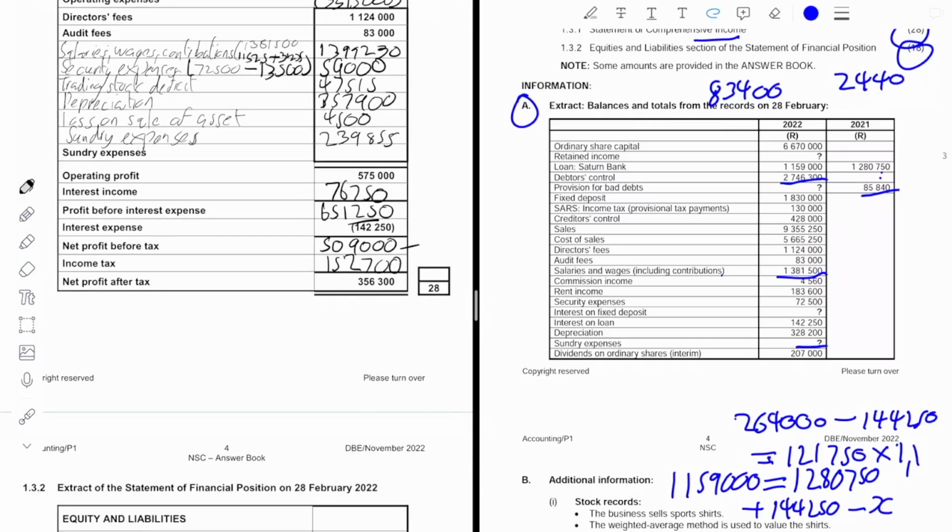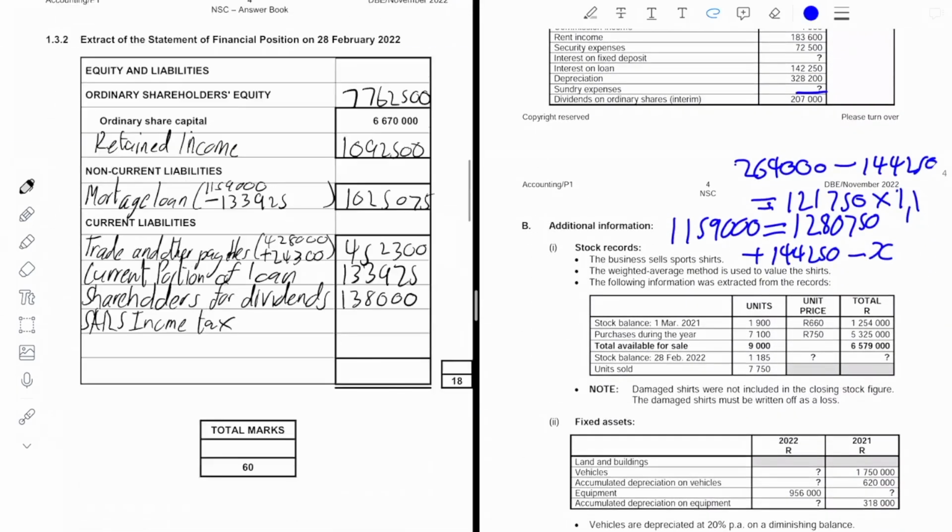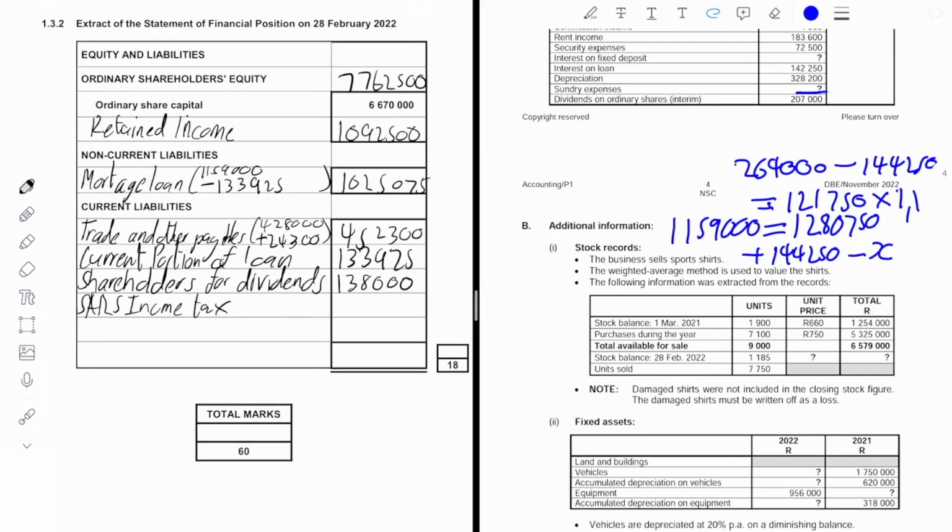So I owe SARS 152,700, but I've done provisional payments of 130,000. The difference will be my SARS income tax liability, which is 152,700 minus 130,000, and that will give me a figure of 22,700.